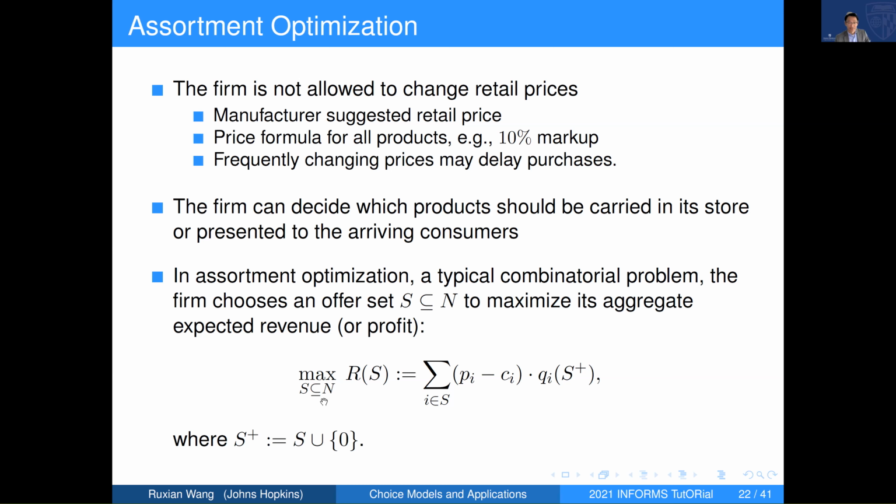Here the decision variable is the product offer set. For each product, the decision is to make a choice: offer it or not offer it. So it's binary, and that's why we say this is a typical combinatorial program.